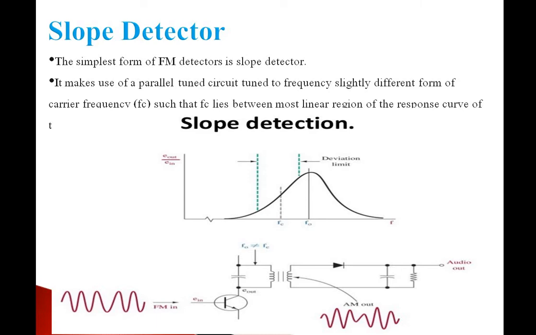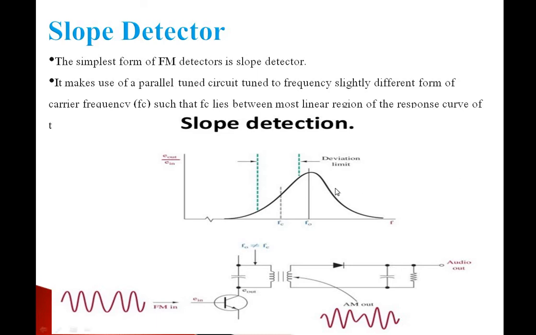The slope detector is one of the simplest, and it makes use of a parallel tuned circuit tuned to a frequency slightly different from the carrier frequency, such that fc lies in the linear region of the response curve of your slope detector.